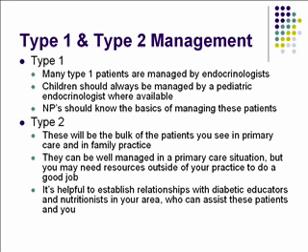The bulk of the patients you'll see in primary care and in family practice will be type 2 diabetics, which are often managed in these settings. They can be well managed, but you do need to establish some resources outside your practice in order to do a good job.